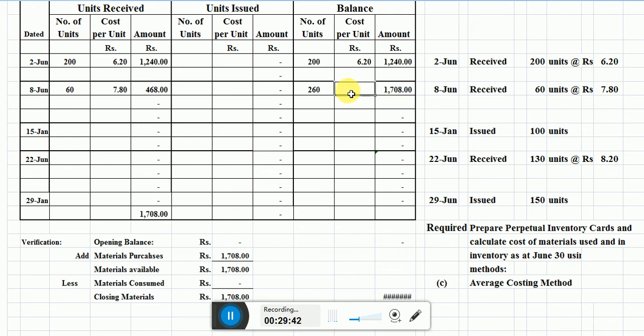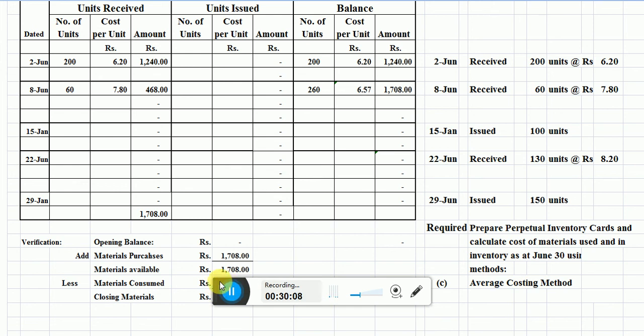Now we can take the per unit cost. We will divide the amount by the given units. This is the average cost method. The per unit cost value is converted into the average form.